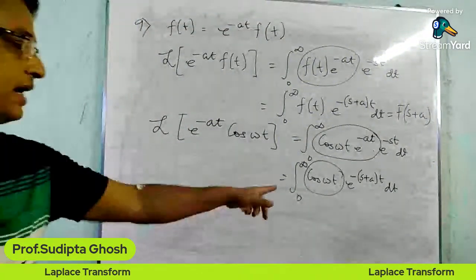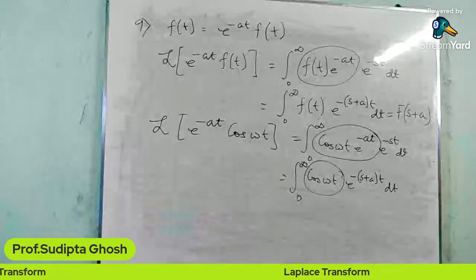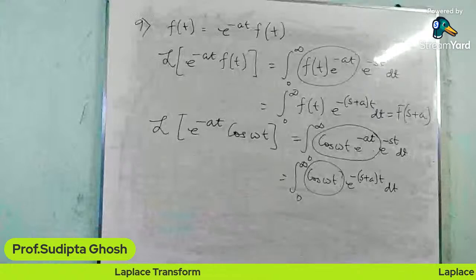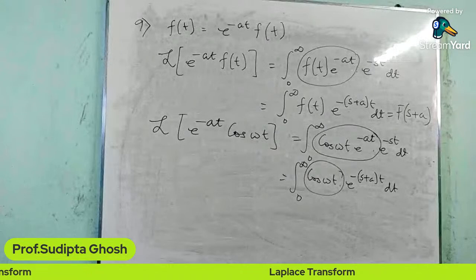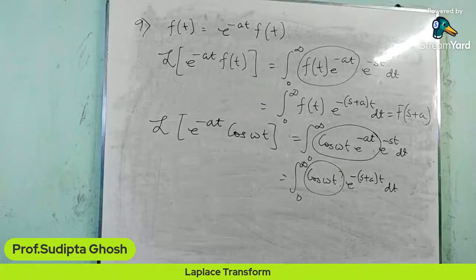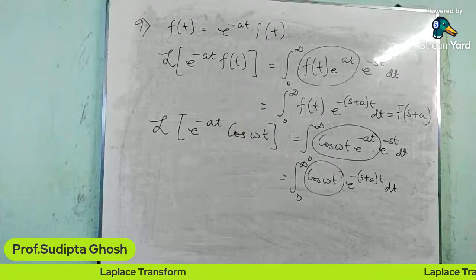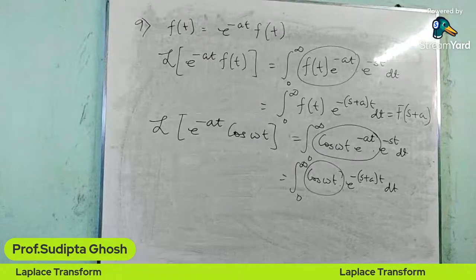Now we have already found the Laplace transform of cos omega t, and we have the value s by s square plus omega square.